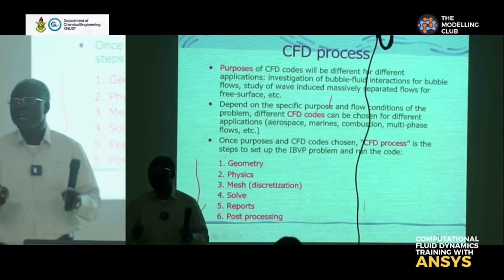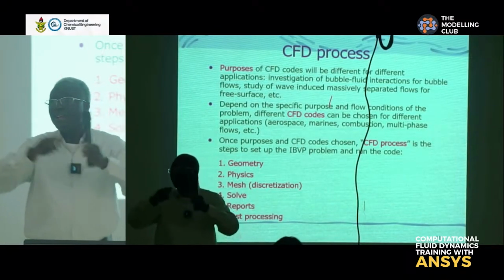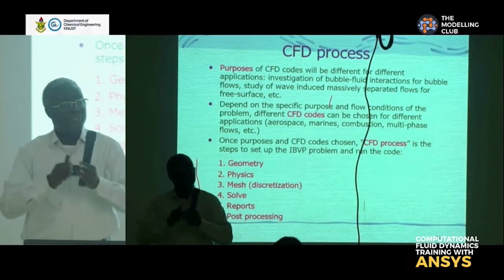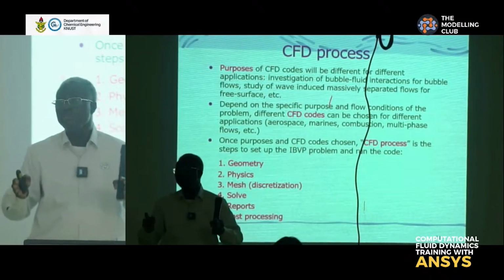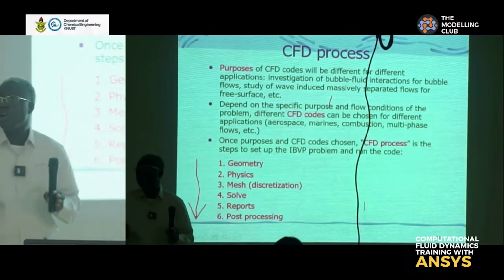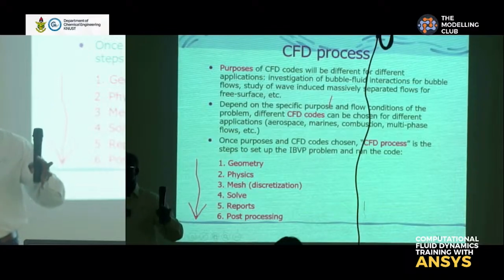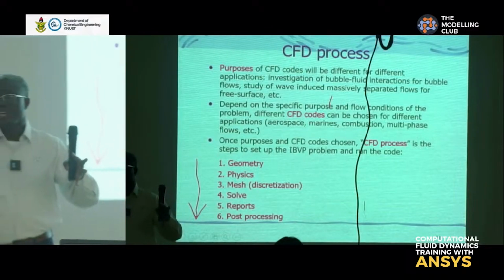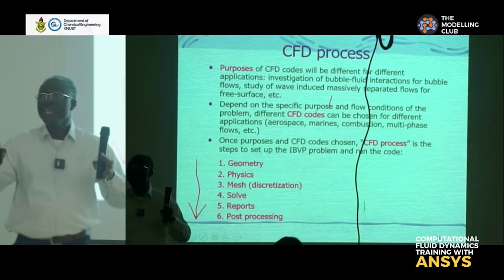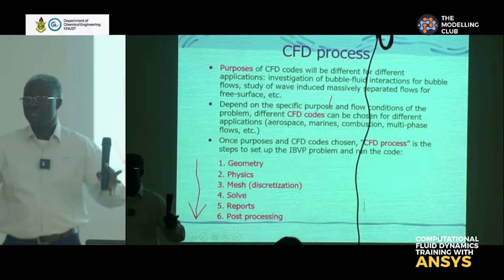Well, you do that by defining an area, by defining a control volume. So that control volume could just be a rectangular enclosure. Okay, that control volume could be a cylindrical enclosure.